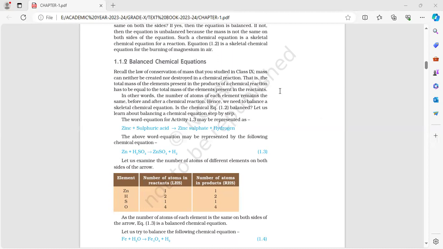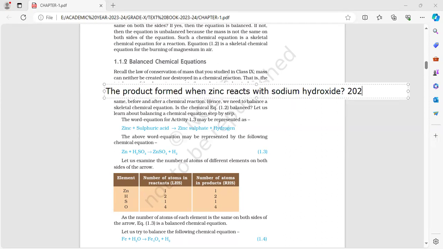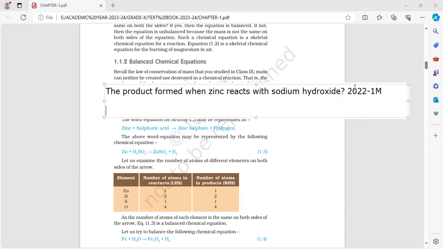I'll write the question and you try to solve it. What are the products formed when zinc reacts with sodium hydroxide? This is a question asked for 1 mark in 2020.